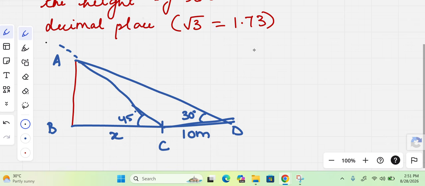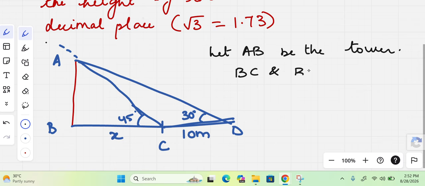You have to describe the diagram first. So you will say, let AB be the tower, right? This is the tower. Then BC and BD be the shadow, correct?